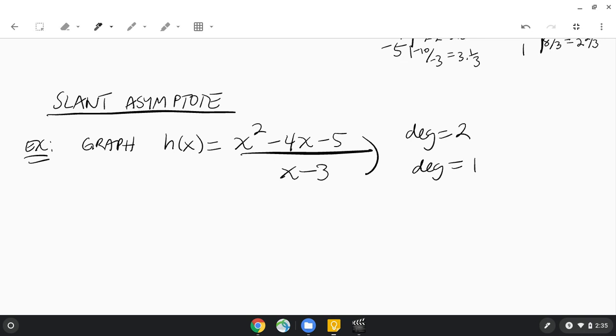And the only way you can do this division is if the degree in the numerator is larger. So degree larger on the top allows for the long division and gives us the slant asymptote. Okay, so we're going to do the long division to get the equation of our slant.